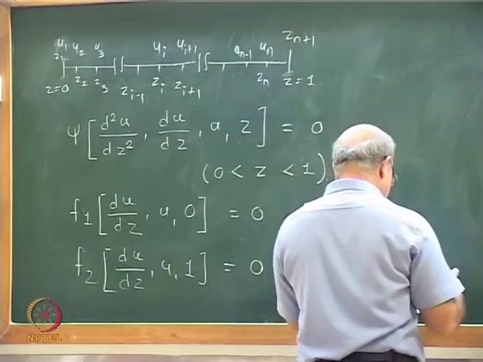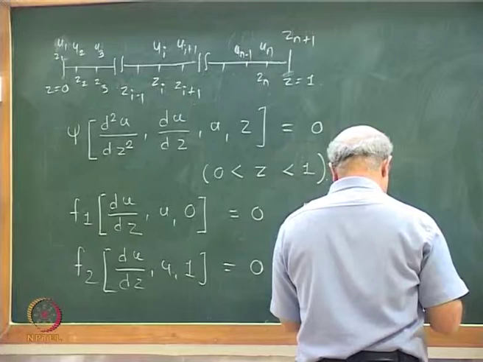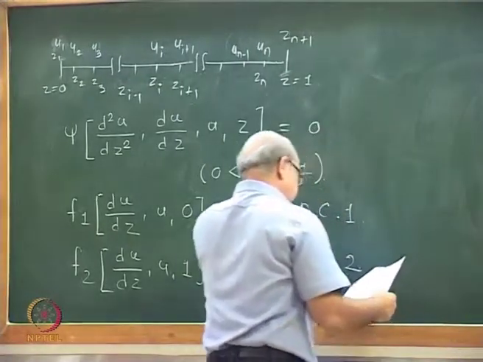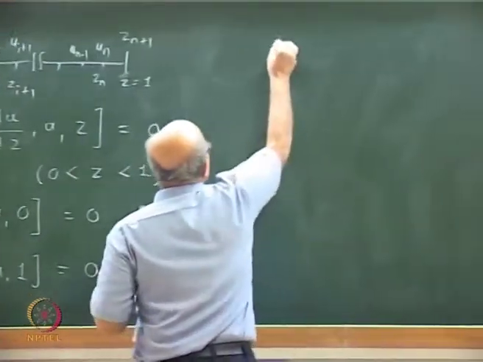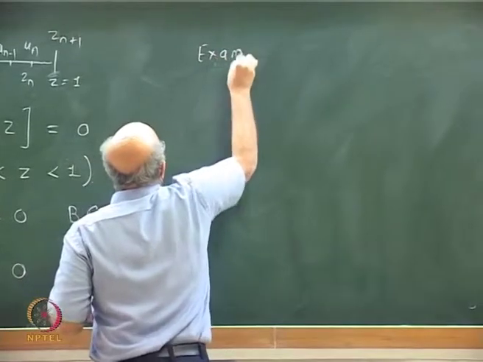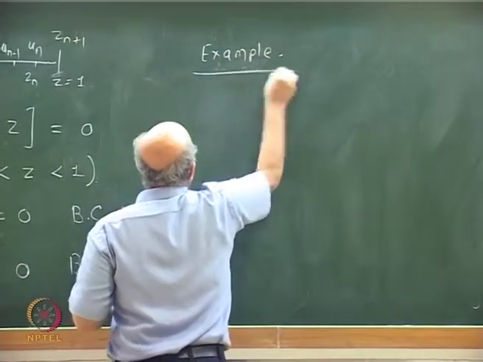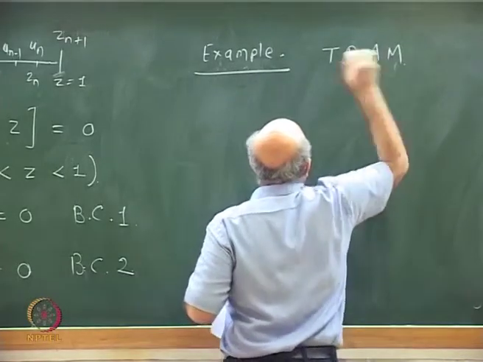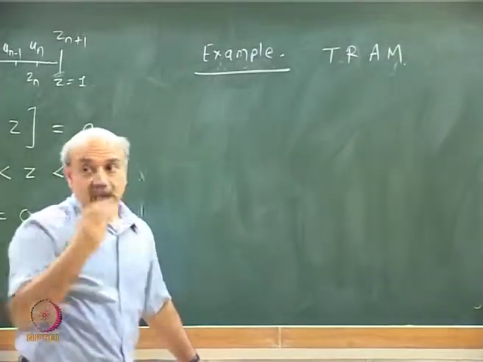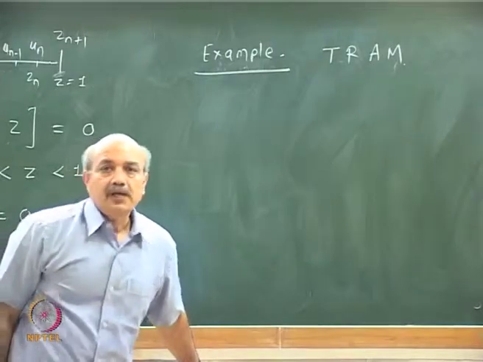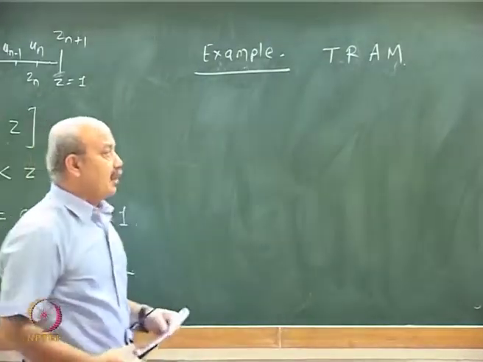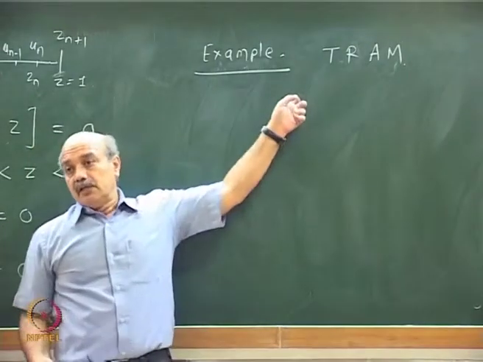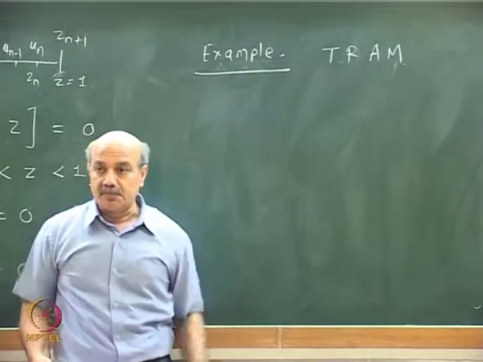So this is our tubular reactor with axial mixing. This is the problem which we have looked at earlier when we studied the finite difference method.